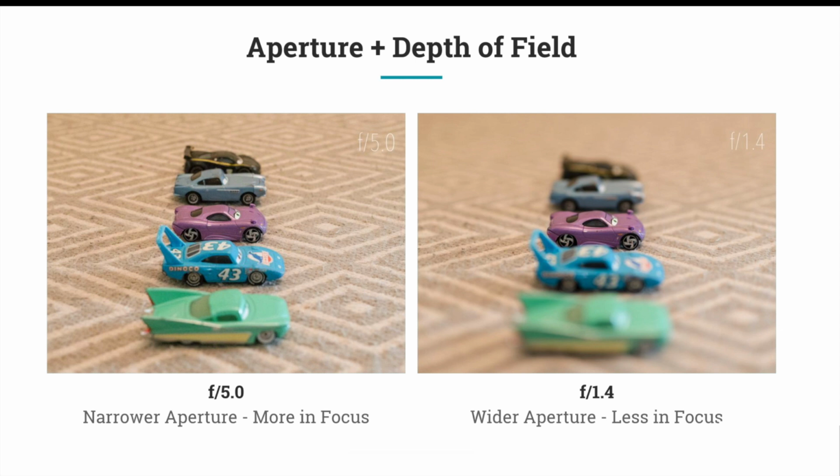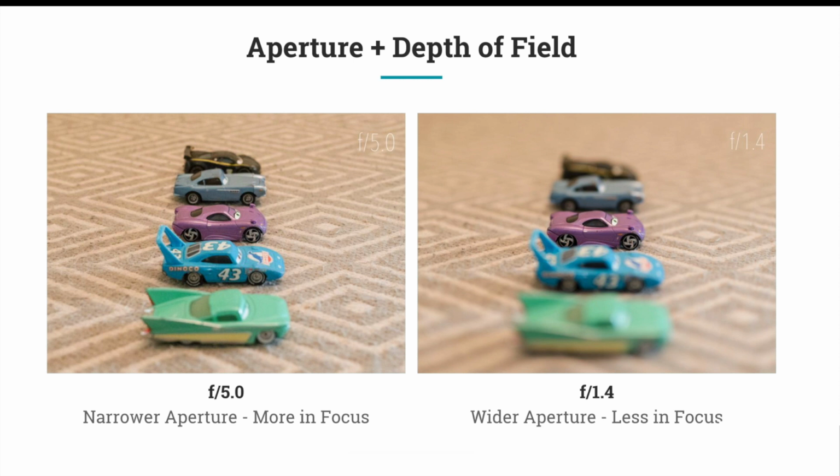If you take a look at the purple car in the image on the right, and at the rug to the left and to the right of that purple car, you can see that everything in line with that car, the rug right there, is in focus. So it's not just the car, but everything on that same plane.